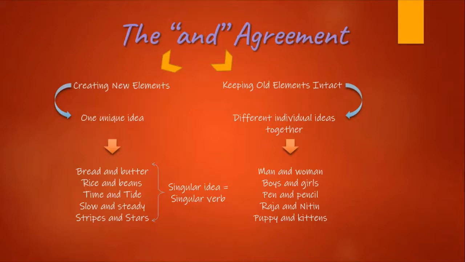So what we have here are plural ideas. These things, man, woman, boy, girl, pen, pencil, they're plural. They don't become one. They don't represent one unique entity. They are together, but they retain their individuality. So they are plural ideas. And here we use a plural verb.